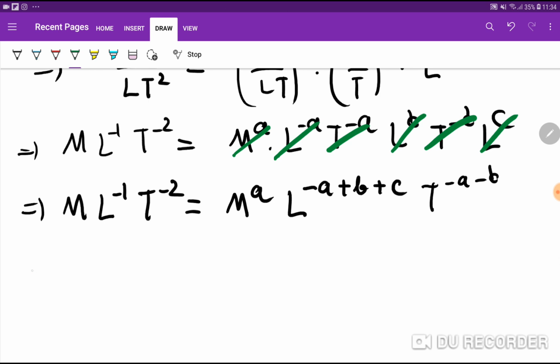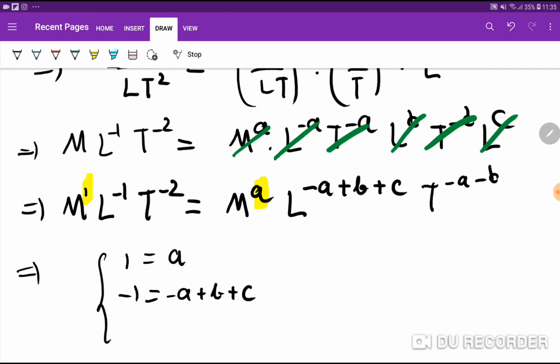In order for the two sides to be equal, the power of each respective variable has to be equal. So you have 1 equal to a plus b, then negative 1 equal to negative 3a minus b plus c, and lastly, negative 2 equal to negative b.